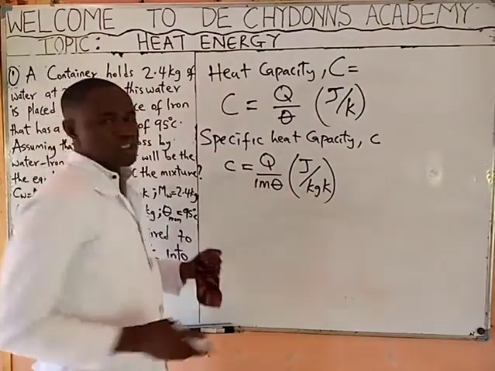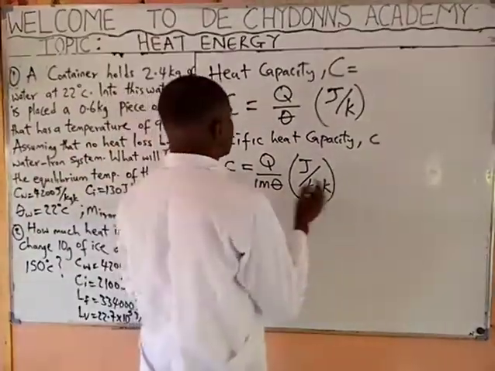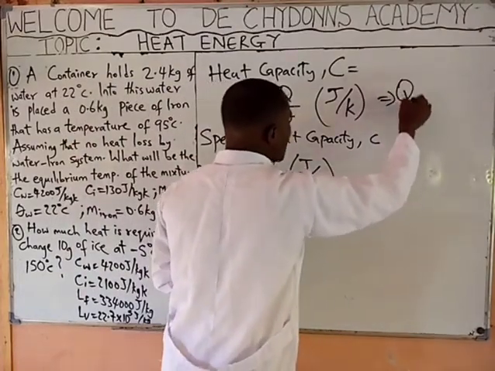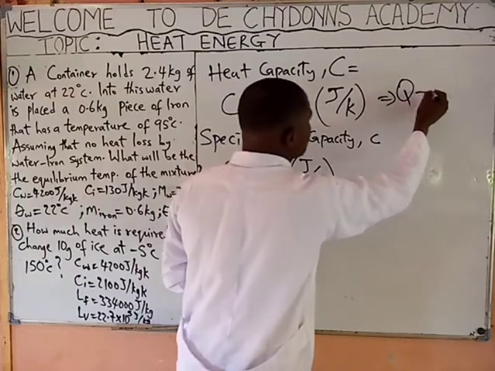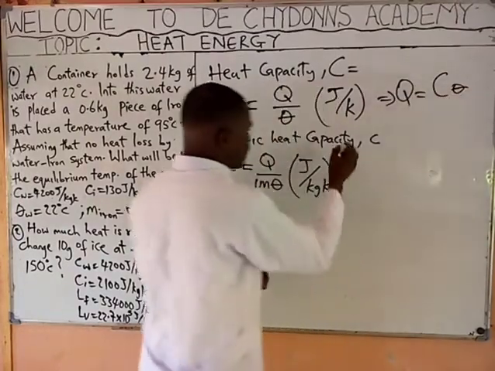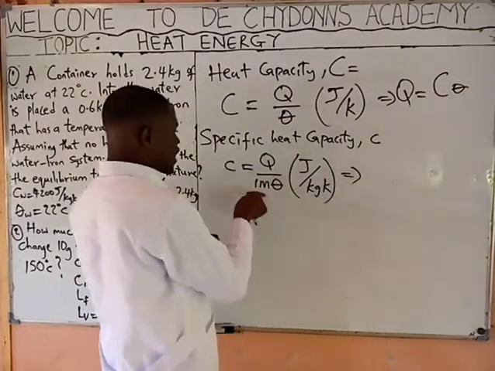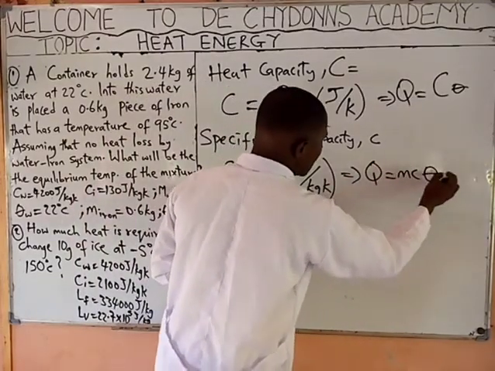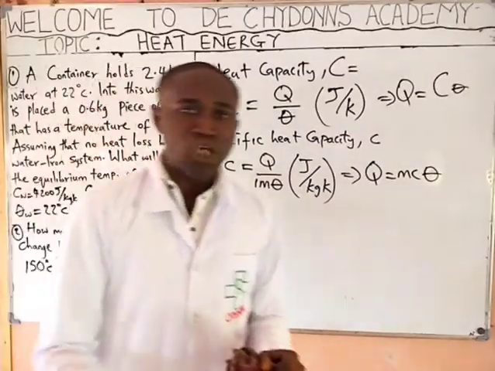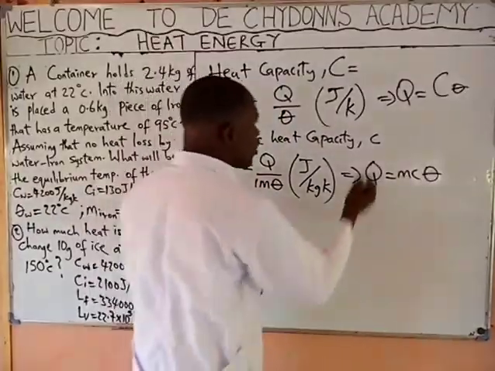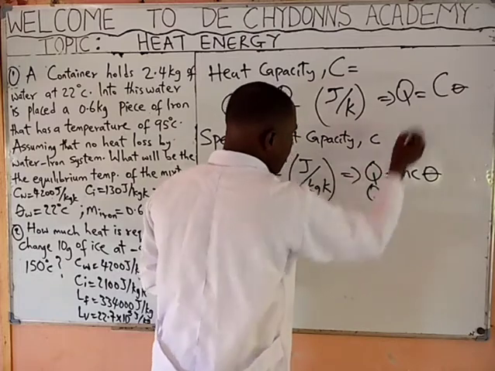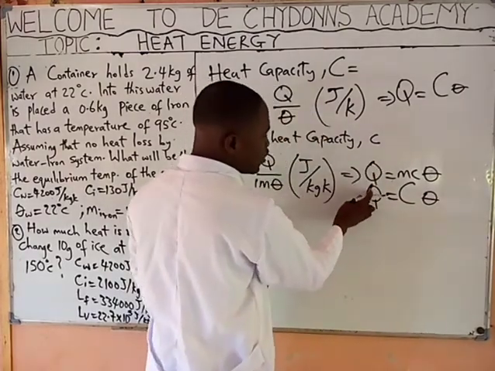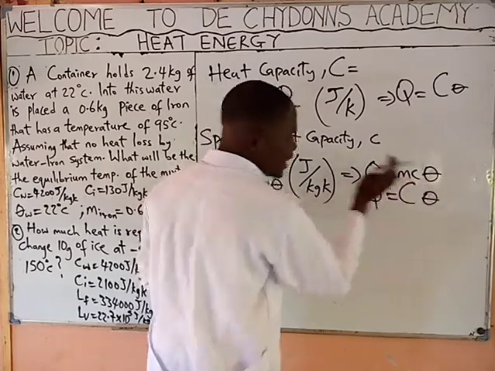From these two definitions, you can deduce that if this is multiplied, it will give you C theta. From here, if this is multiplied, it will give you Q equal to m c theta. This tells us that when you compare this formula to this formula, this is Q, this is Q, this is theta, this is theta.